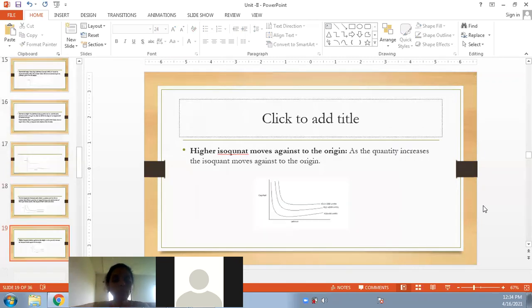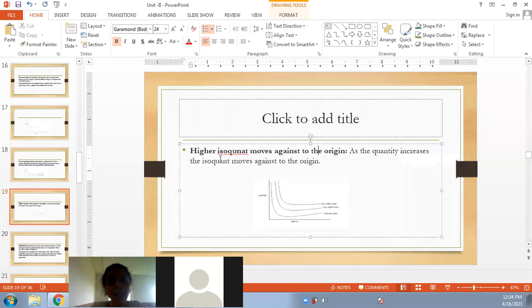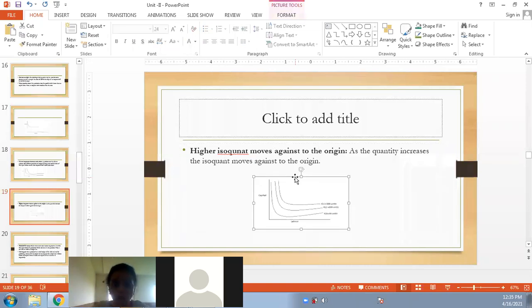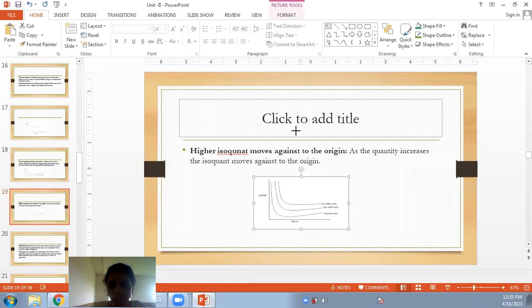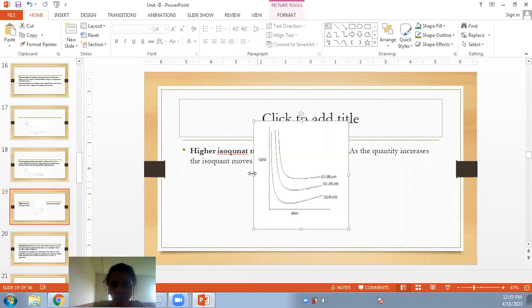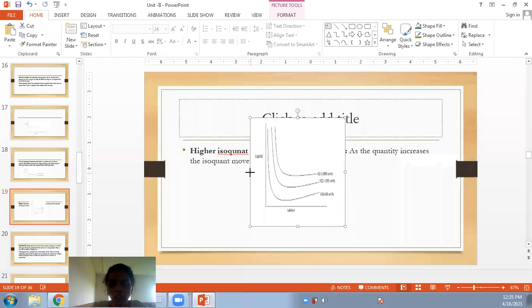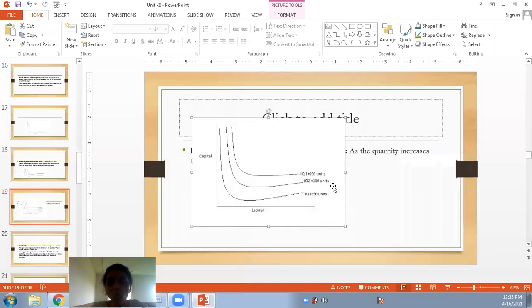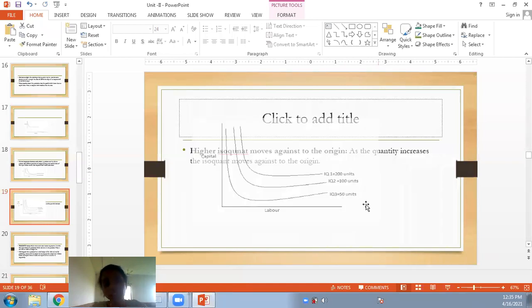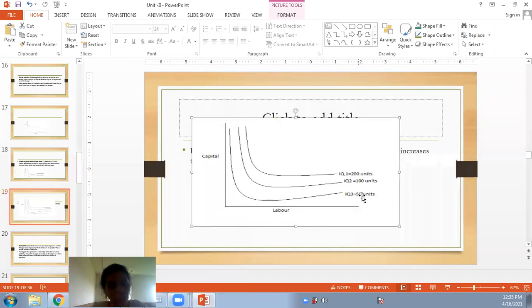And the last property of an isoquant is that higher isoquants move away from the origin. For example, in this figure it is clearly specified: when the quantity of production increases, see the third one, IQ3, what is the quantity? 50 units. When it has been increased to 100, this curve has shifted from here to here.